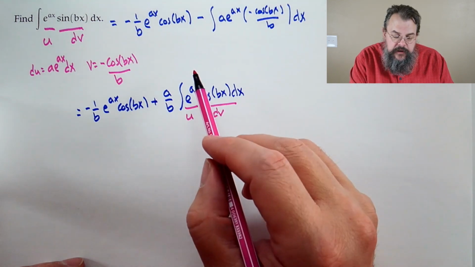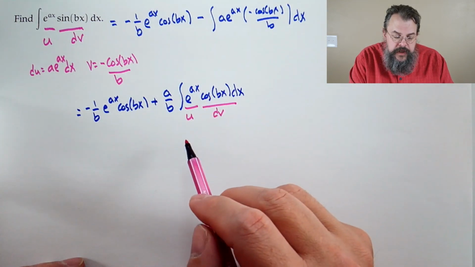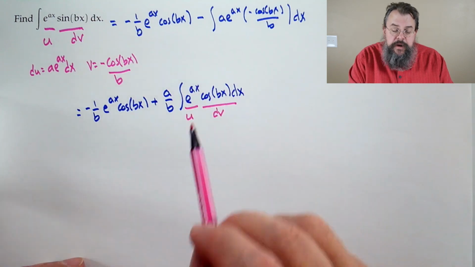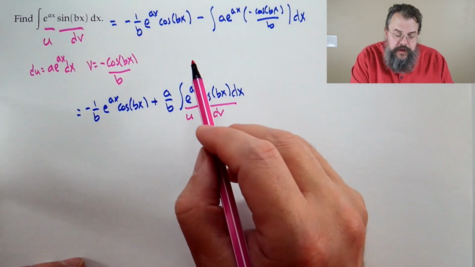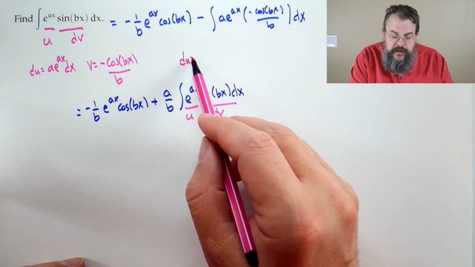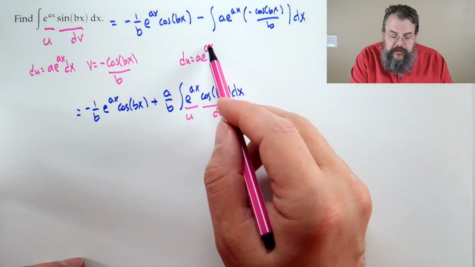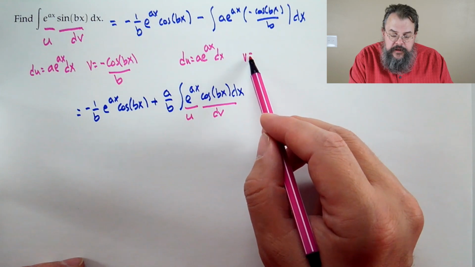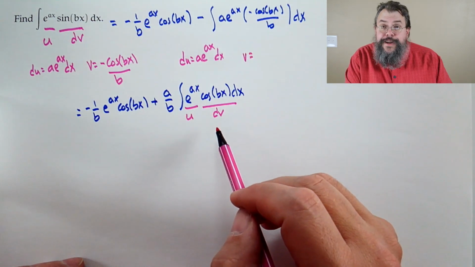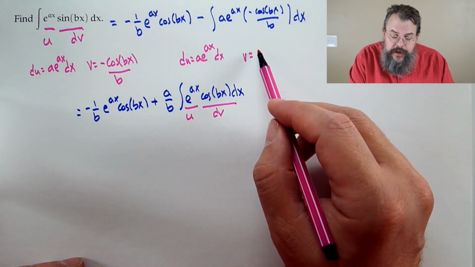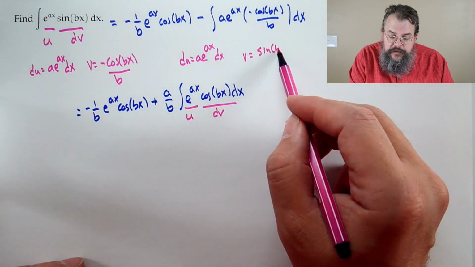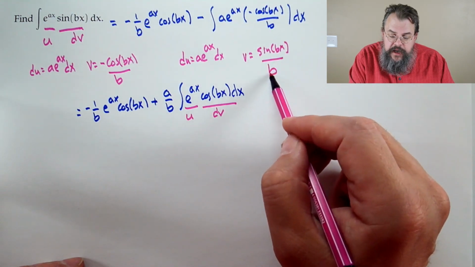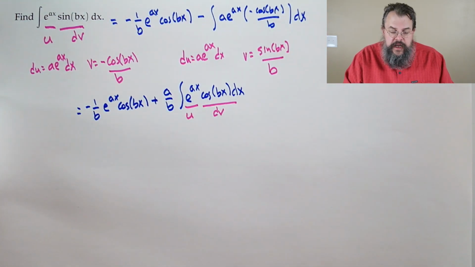So what do we have? Well, I'm going to put it above here just for space purposes. So we get, similar as before, du is a e to the ax dx, and v, well, a little bit nicer, because the integral of cosine is now positive sine, so we'll end up with sine of bx, but we divide by b.